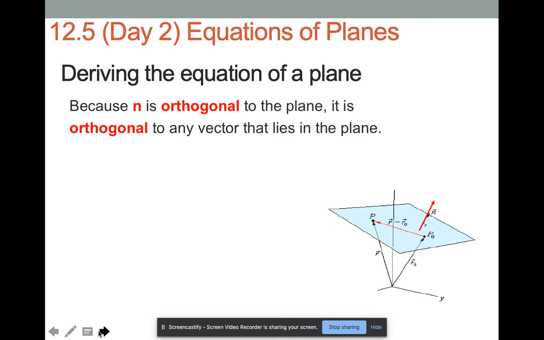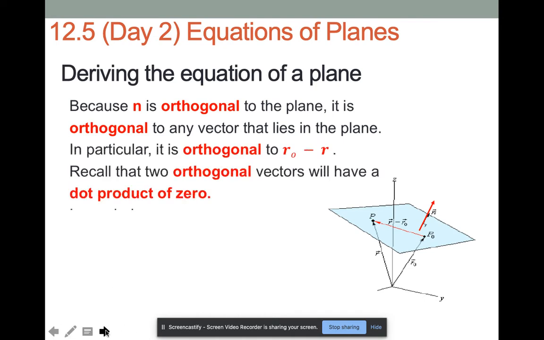Since n is perpendicular to the plane, it is perpendicular to any vector that lies in the plane. You can think of all the lines being coplanar. And remember that two orthogonal or perpendicular vectors will always have a dot product of 0.